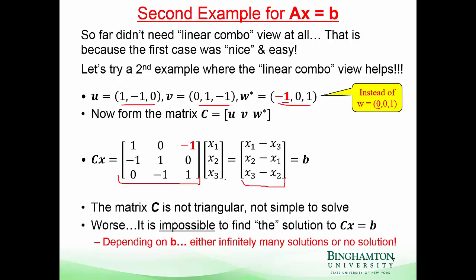So when I say infinitely many solutions, I don't mean because we're changing B. I mean you give me one fixed B vector, and there are infinitely many x vectors that will satisfy the Cx equal to B equation. Now that's just weird. And so we need to take a look at that.